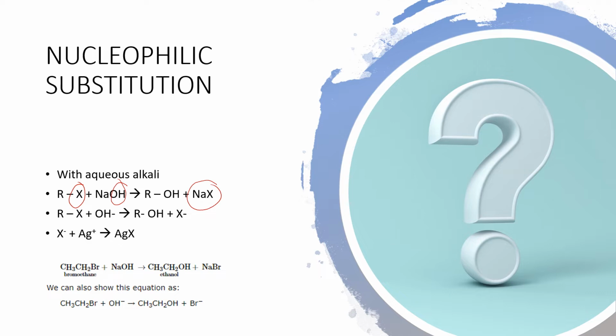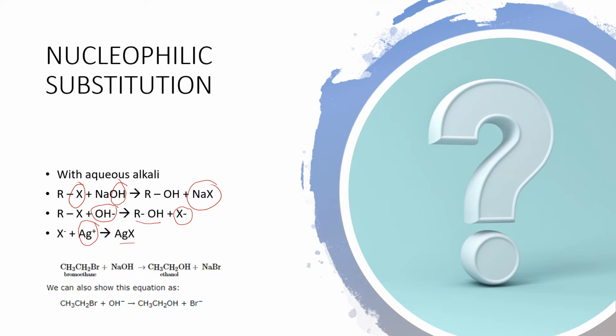In the form of ions, OH minus, to form ROH and X minus. The presence of X minus can be identified by the addition of silver ion, which will form a precipitate of AgX.